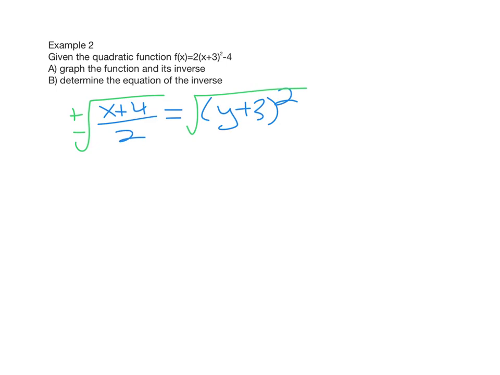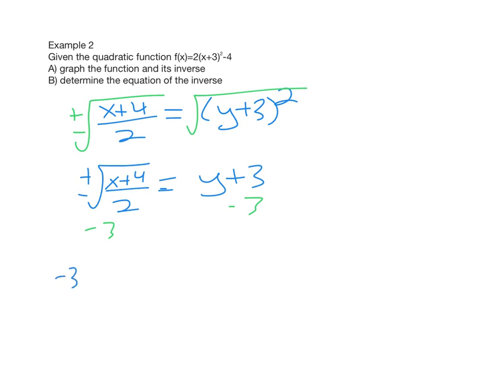But continuing along, we now see that plus or minus the root of (x + 4)/2 would be equal to y + 3. So we're almost done. We're going to subtract 3 from both, which will leave us with −3 plus or minus the root of (x + 4)/2 is equal to y.